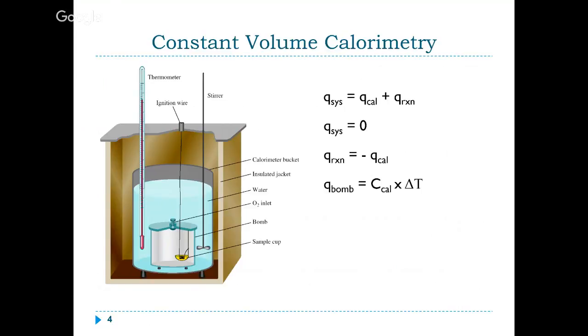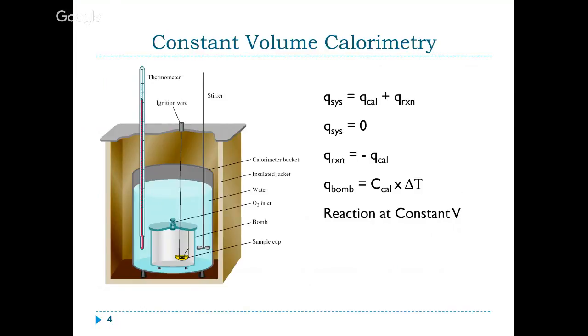Now, because we're working within a calorimeter, we actually have a heat capacity for the calorimeter itself. So this is going to include the water and the actual calorimeter, whatever it is made of. So now we do heat capacity of the calorimeter times our temperature change, and that gives us the heat associated with our bomb, or simply our calorimeter.